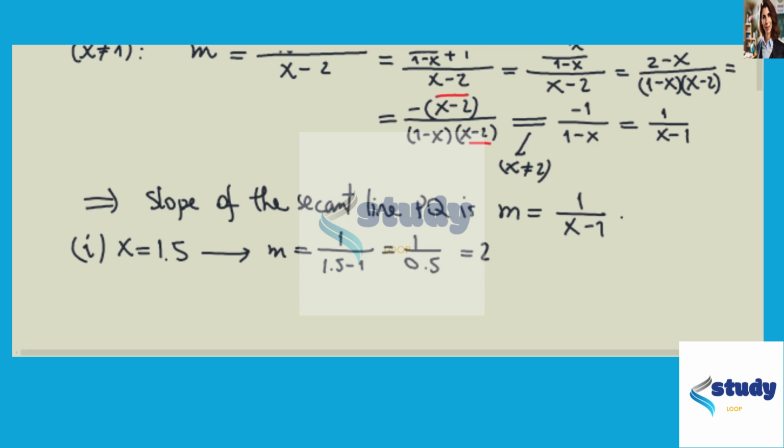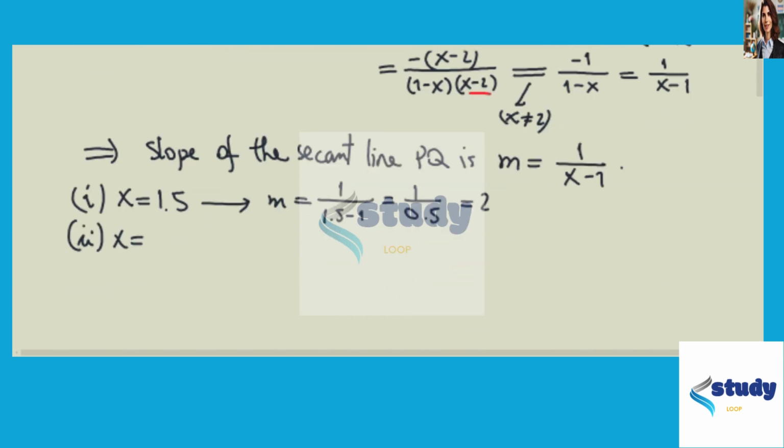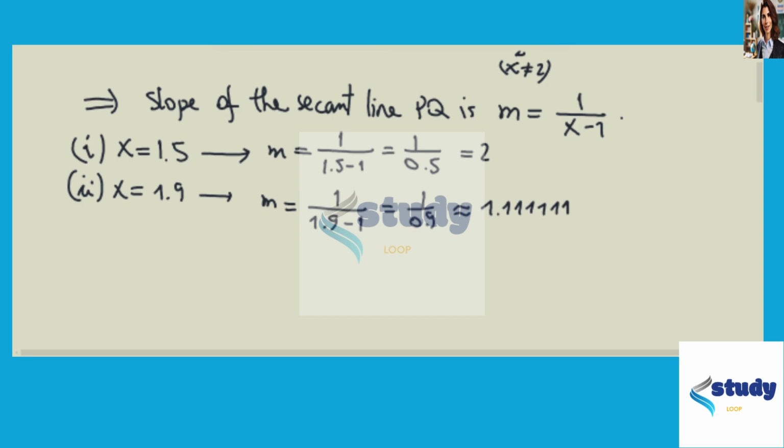Now part 2, we take x equal 1.9, and for 1.9 we get m equal 1 over 1.9 minus 1, which is 1 over 0.9. And here we use the calculator and we find that this is approximately equal to, using 6 decimal figures, 1.111111. So this is the slope of the secant line PQ at x equal to 1.9.